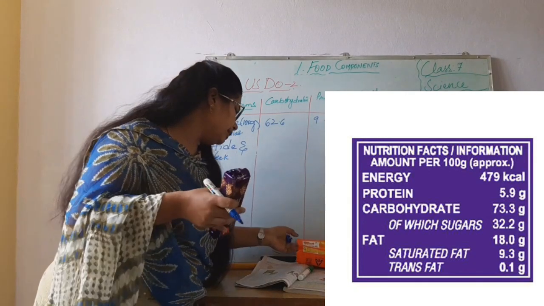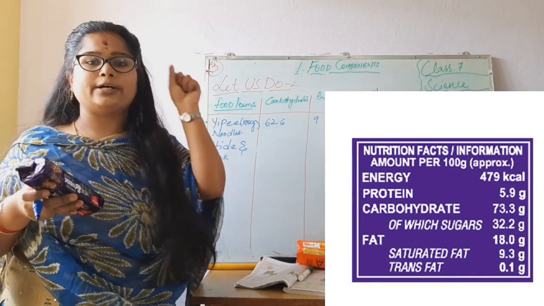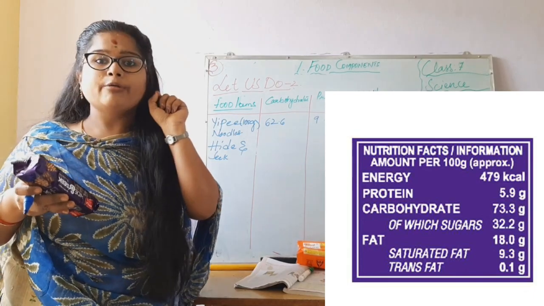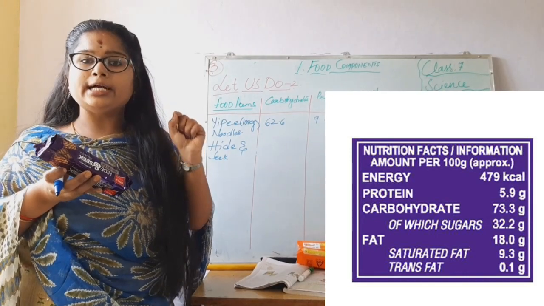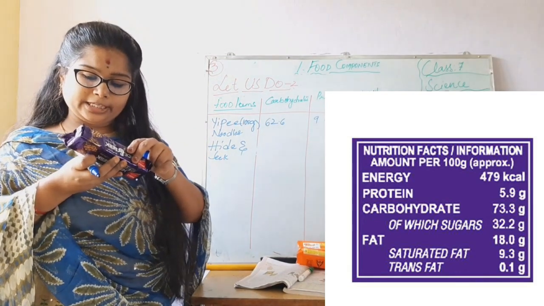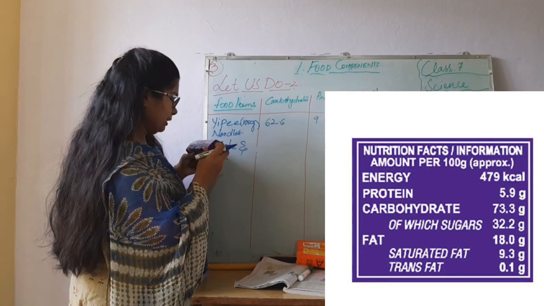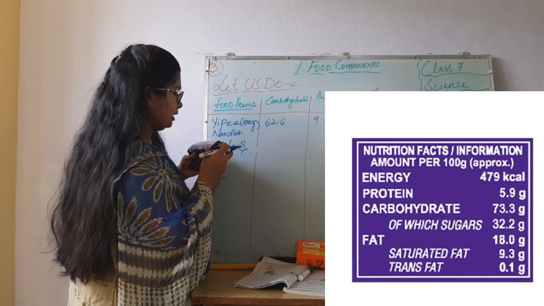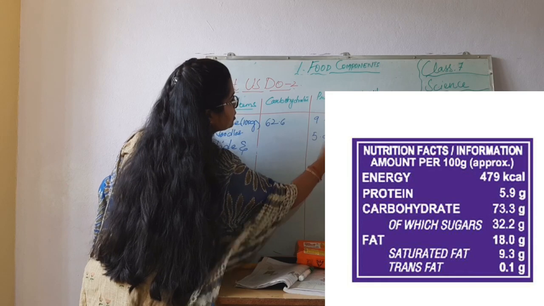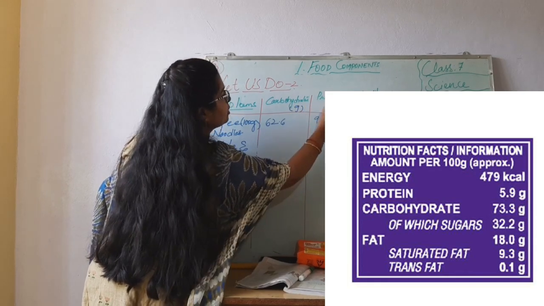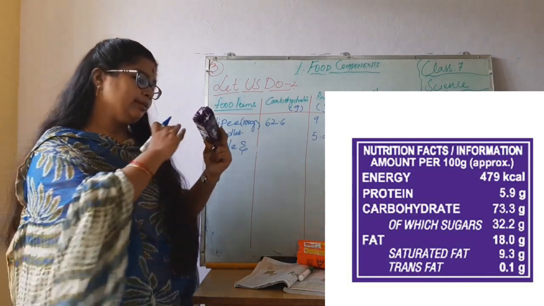In this, energy is 479 kilocalories, whereas in Yippee noodles it is 468 kilocalories for 100 grams. Next is protein. How much protein does it consist of? 5.9 grams. All are in grams here. Next, carbohydrates.